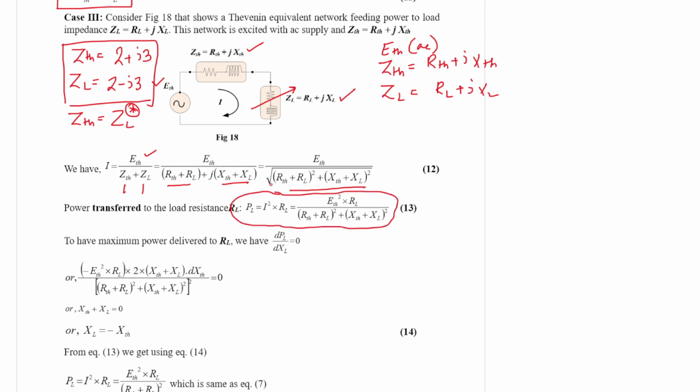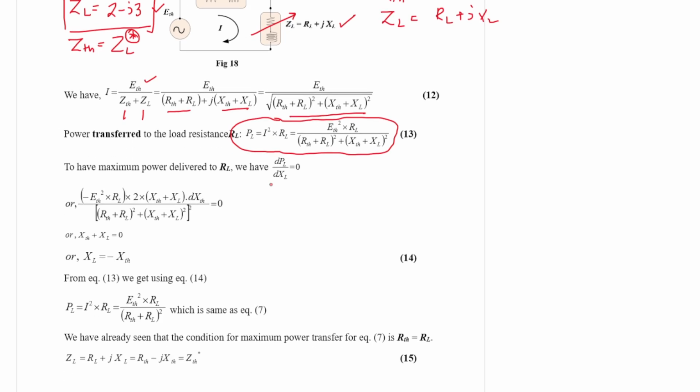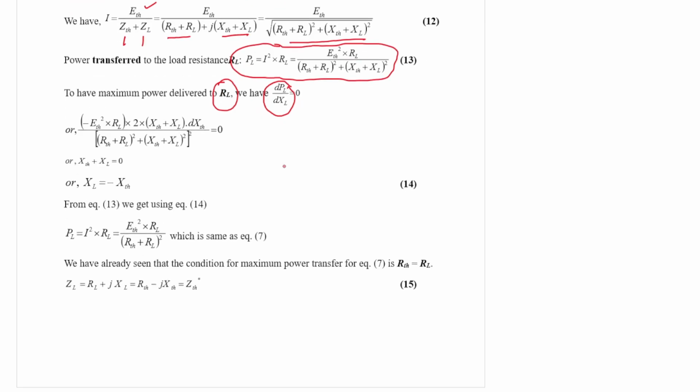Now you need to take the derivative twice. First you need to take the derivative with respect to RL. You need to check under which condition the rate of change of power with respect to XL and RL is zero. We have already done the RL part in the previous case. Now we need to evaluate the same thing for XL, dPL by dXL, and when you solve this, you will get XL equal to minus XTH.